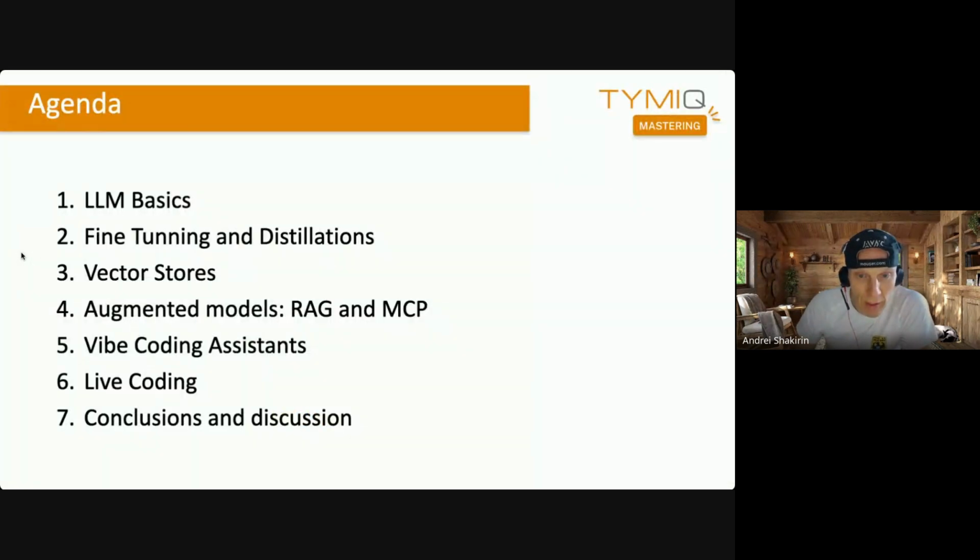So the plan for today is to introduce the basics: what a large language model is, how they are built, and on the base of what. Then we see what fine-tuning and model distillation are, and how they help to optimize the models for some tasks. Afterwards, I explain Retrieval-Augmented Generation, a very difficult abbreviation.